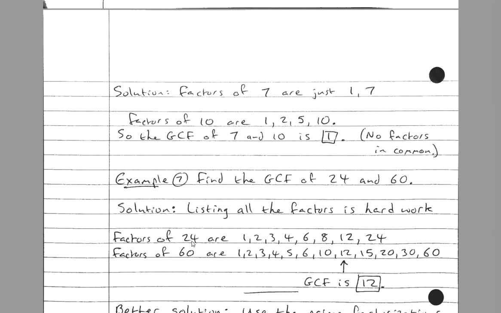So if you list all the factors of 24, it has all these factors. 60 has even more factors. Okay, so we see they have common factors 2, 1, 3, 4, 6. And the greatest common factor is 12.